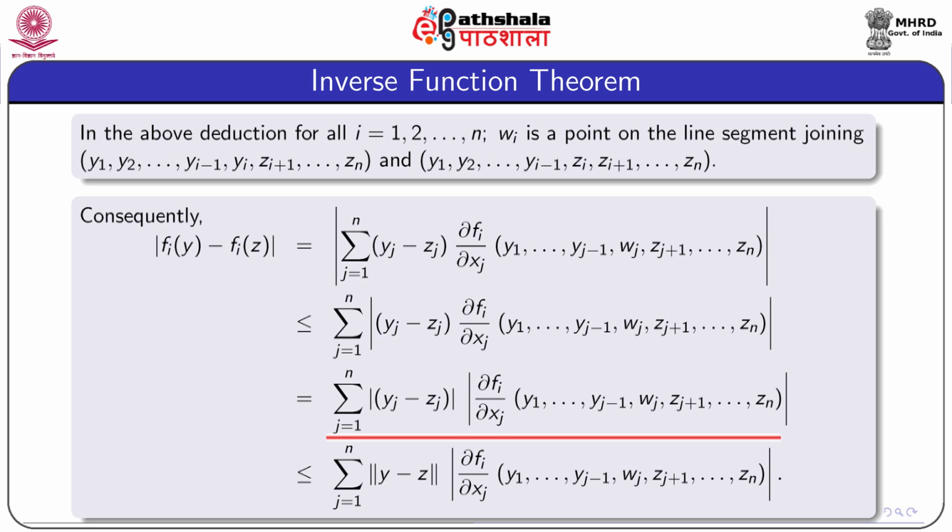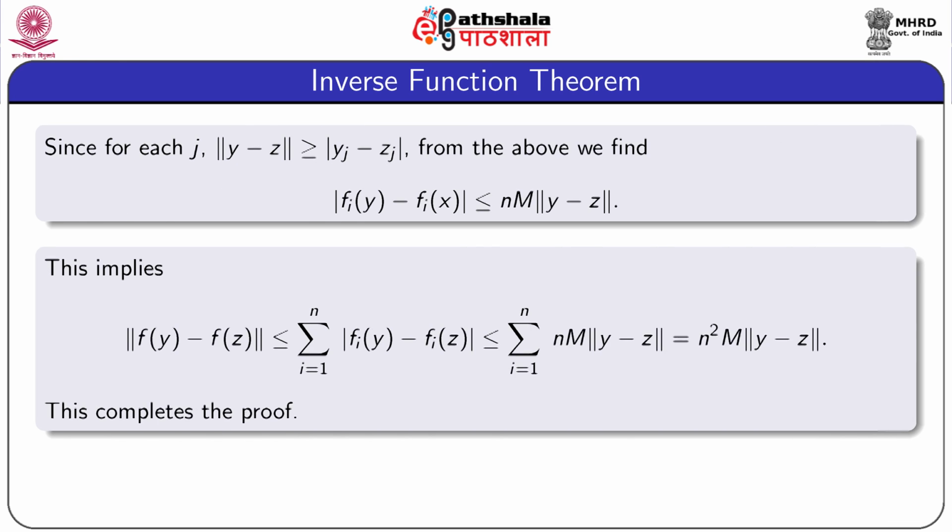This equals the summation of mod (yj minus zj) times mod del Fi/del xj. This is less than or equal to the summation of norm of (y minus z) times modulus of del Fi/del xj. Here we have used the fact that for each j, norm of (y minus z) is greater than or equal to mod (yj minus zj).